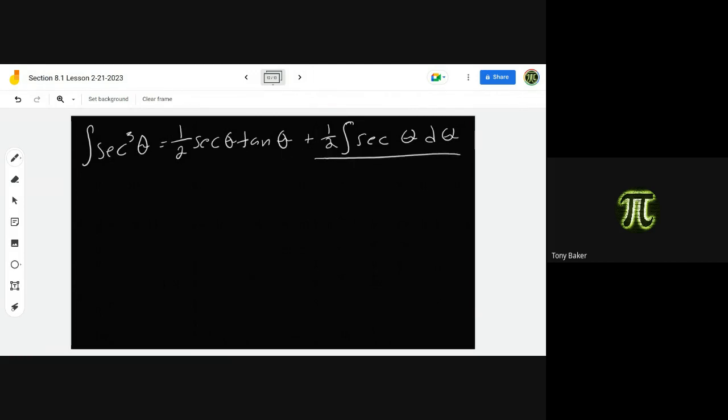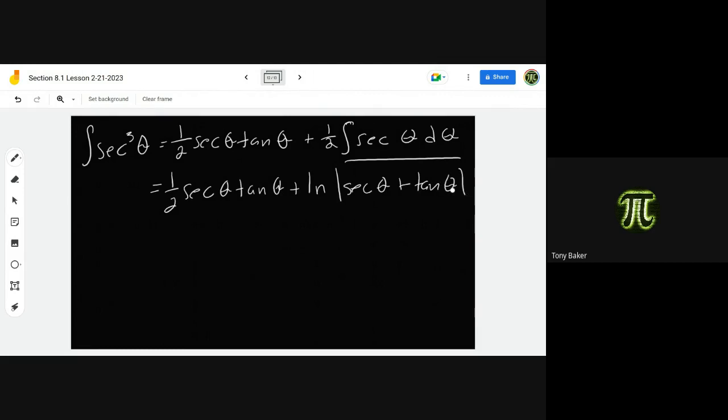So what is the integral of secant theta? Does somebody find me the rule? The natural log of secant theta plus tan theta? Oh, I forgot the 1/2 in front.